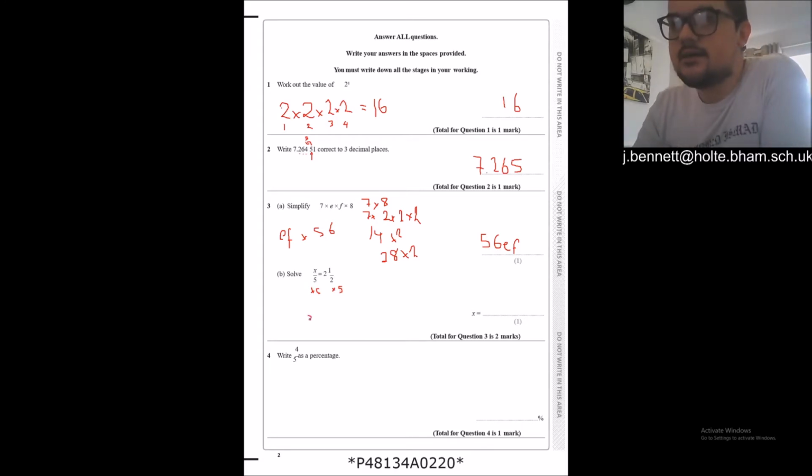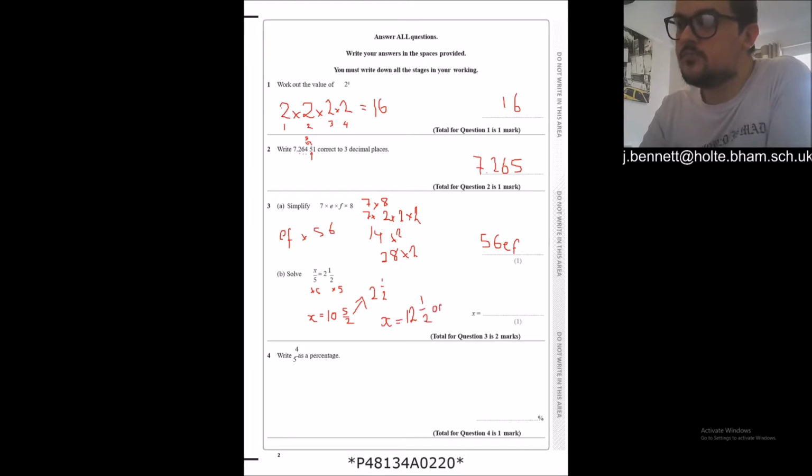So we get x equals, now 2 times 5 is 10. Half times 5 is 5 over 2. 5 over 2 is the same as 2.5. So we have 10 and 2.5. That becomes 12.5. So x equals 12 and a half.